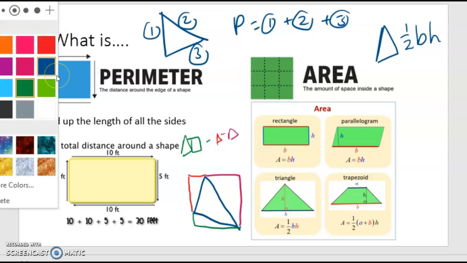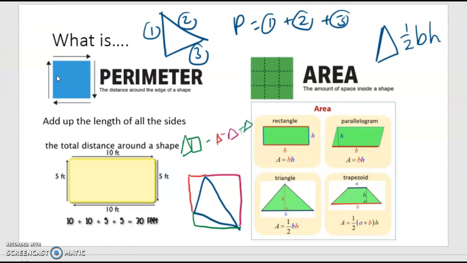And that's known as the box method for calculating area. We're going to get into that more in later lessons.